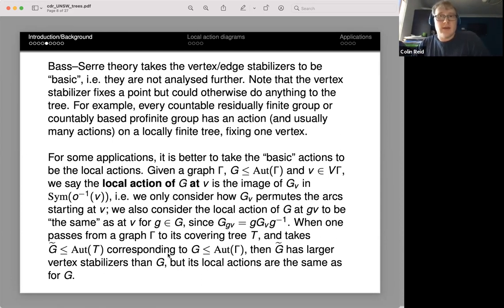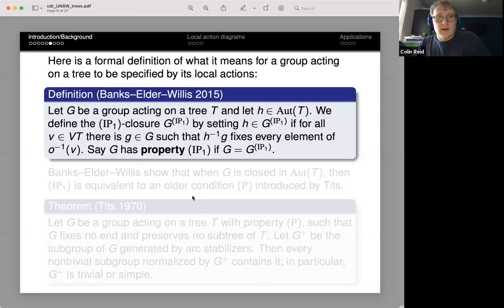So local actions are really the kind of structure that gets preserved by this universal cover approach. If we know the local actions of a group acting on a tree, we don't know everything, but we can pin down what we do know.